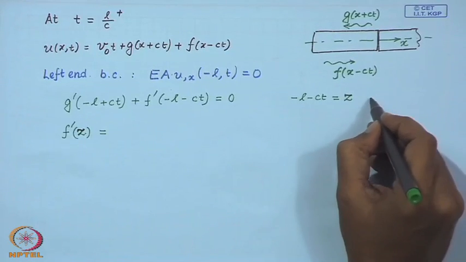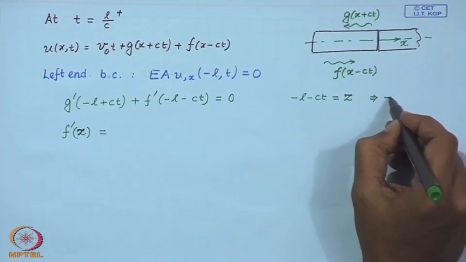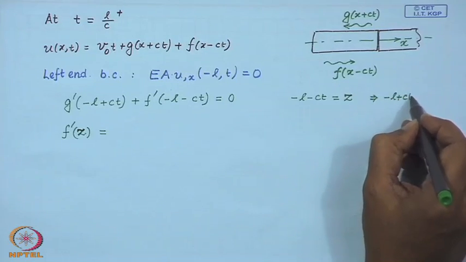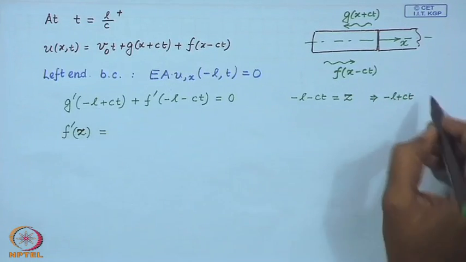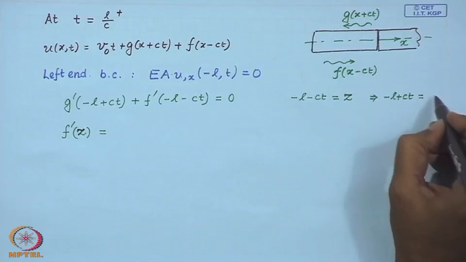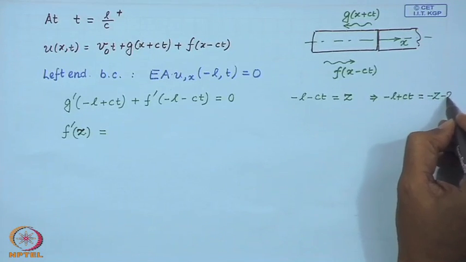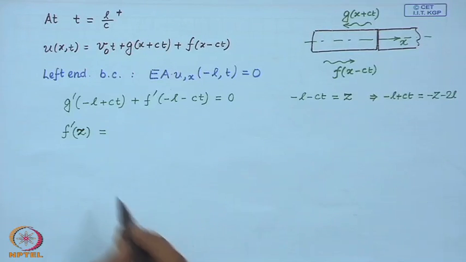In that case, the argument of g, which is minus L plus ct, becomes minus z minus 2L.